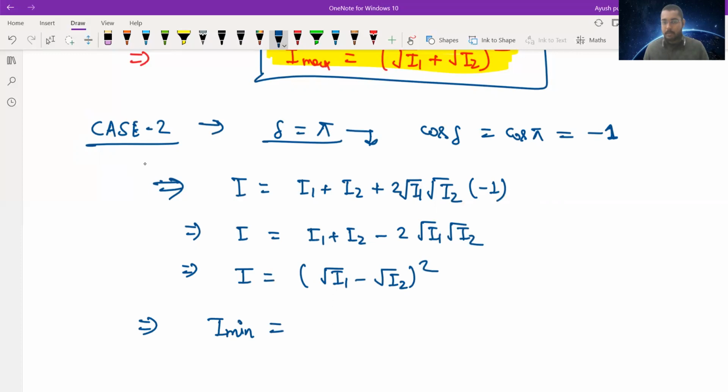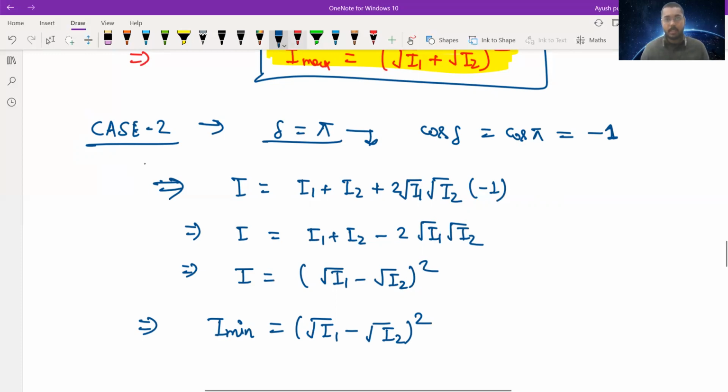Why am I calling this the minimum intensity? Because the value of cos delta will be minimum when delta is equal to pi, and the minimum possible value of cos delta is -1, while the maximum possible value is +1. That's why the intensity of the resultant wave is minimum.